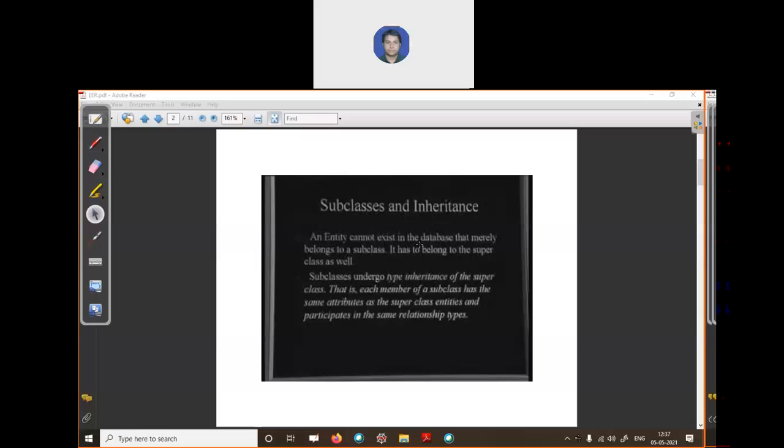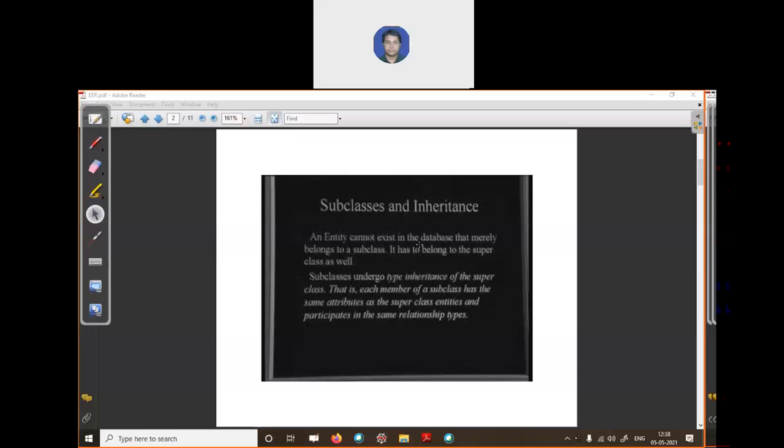And the second point says that when your superclass is participating in any relationship, then all subclasses must be able to participate in that relationship. Is it clear? Suppose you have defined the relationship for vehicle. Vehicle we use for moving from one place to another place, for carrying luggage or goods, something of that kind.